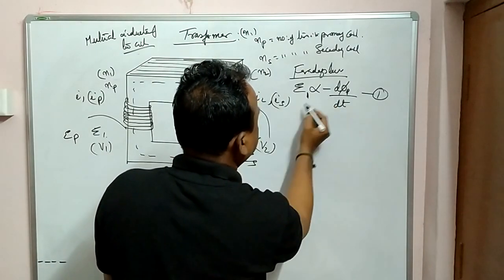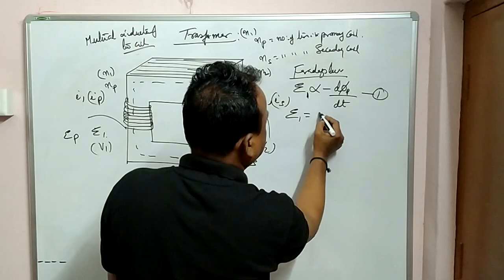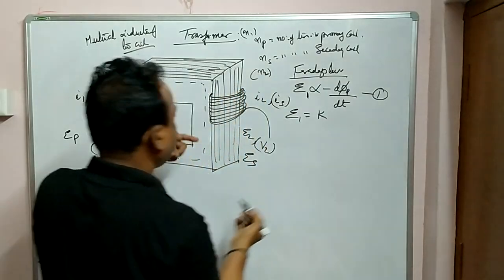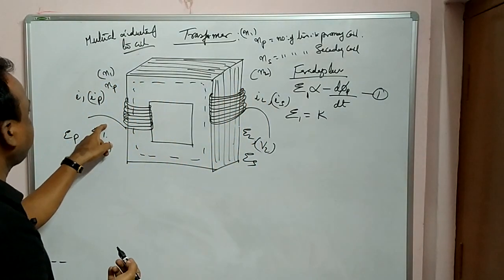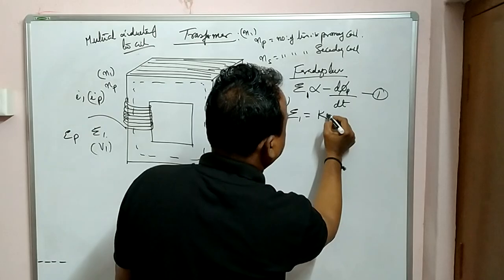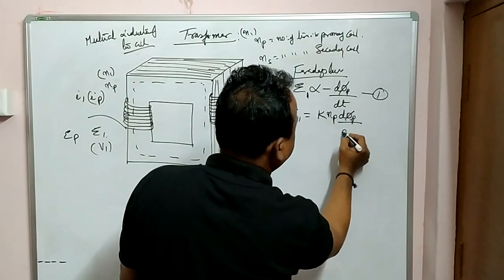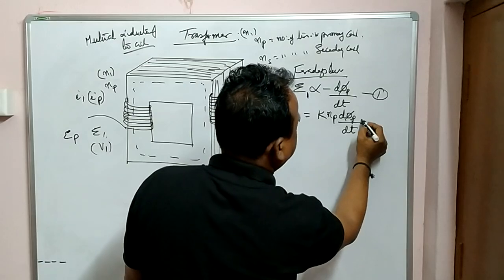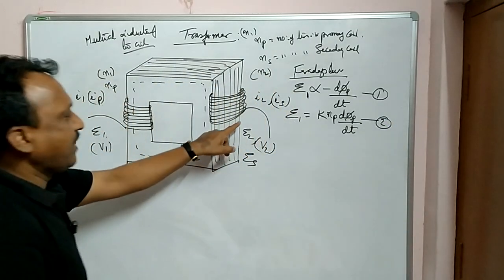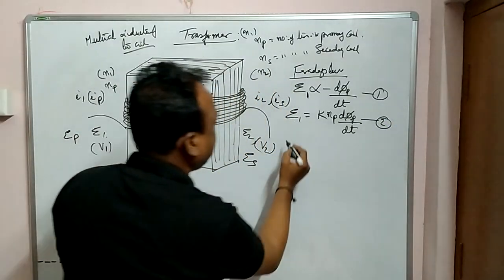Now remove the proportion and introduce a constant K. If the number of turns is NP, then E1 is K times NP into d phi P by dt. Equation 2. In the same way, apply Faraday's laws to the second coil.